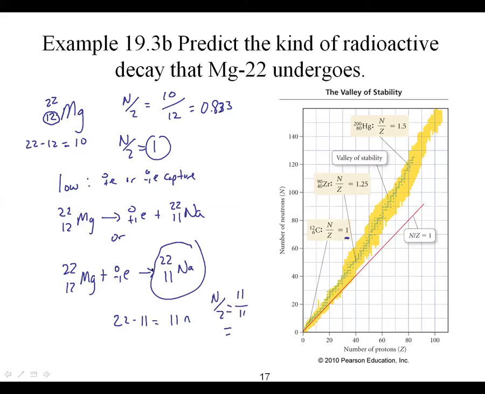So we definitely moved into a better, more stable ratio by going through one of these processes. Now, as I was saying earlier, it may not always happen that way, like it did in this particular example, that we hit the perfect ratio after that process, but it definitely should move you towards the correct ratio. Any questions on that?